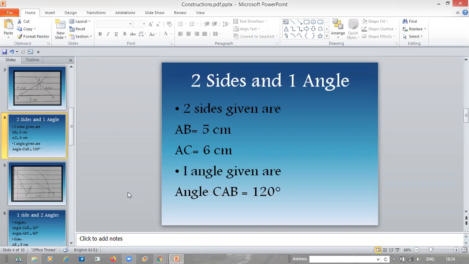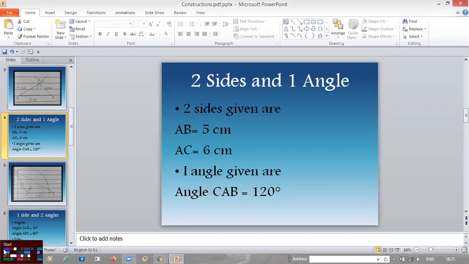The second situation is where you are given 2 sides and an angle. I have taken the 2 sides as AB equals to 5 cm and AC equals to 6 cm, and the angle as angle CAB equals to 120 degrees.